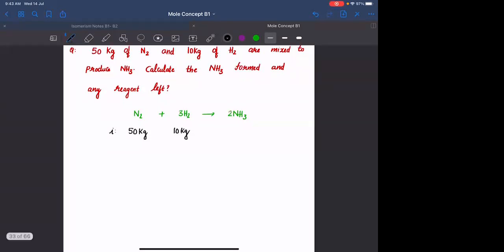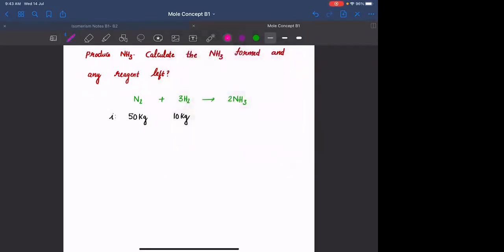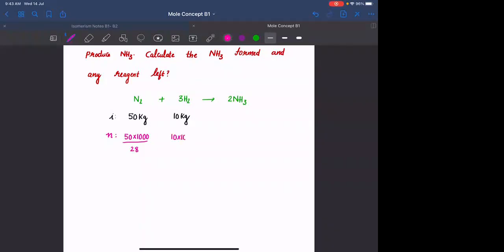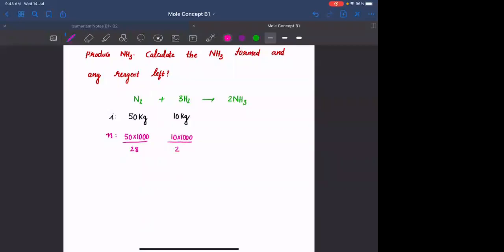What you need to do? First, convert the initial amounts into moles. In moles, this will be 50 into 1000 divided by 28. This is 10 into 1000 divided by 2, 2 gram per mole.